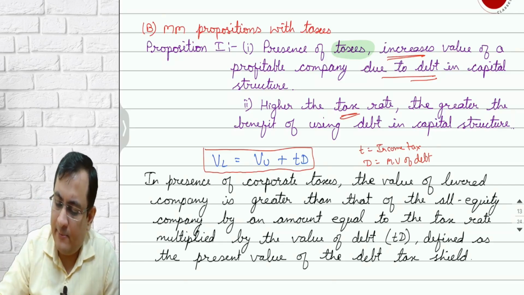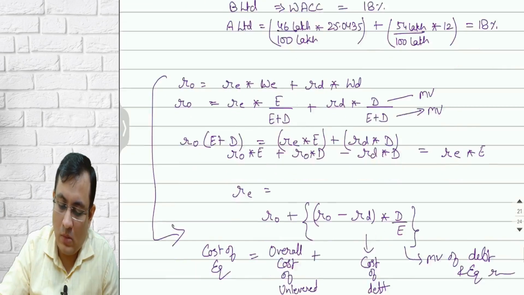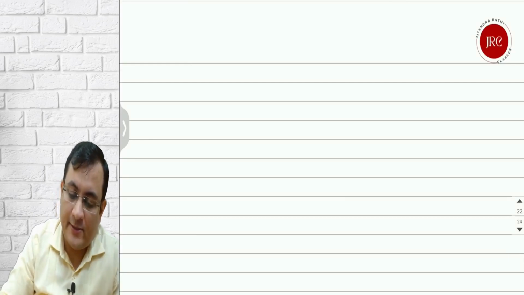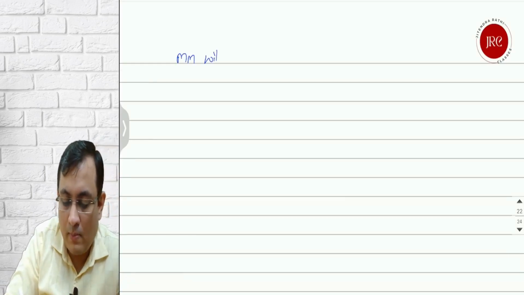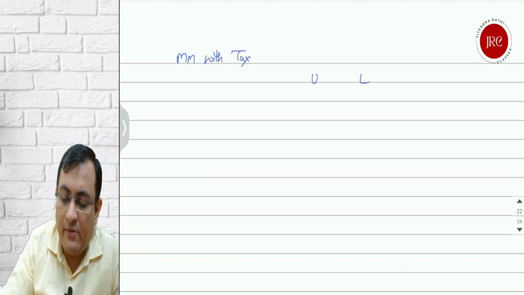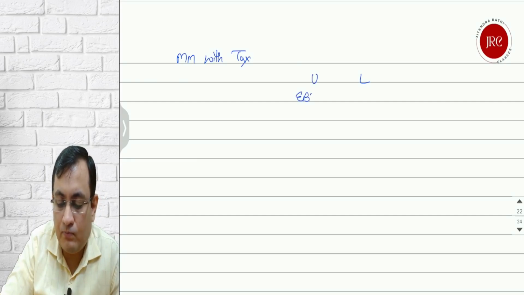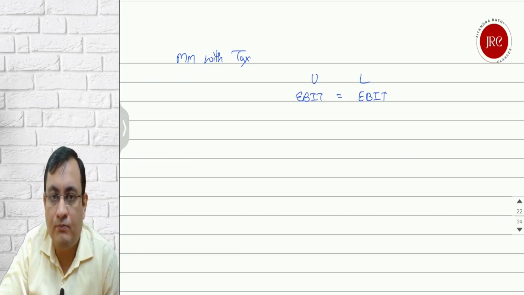The reason is with the tax. Both U and L have the same EBIT. The cash flows are the same.